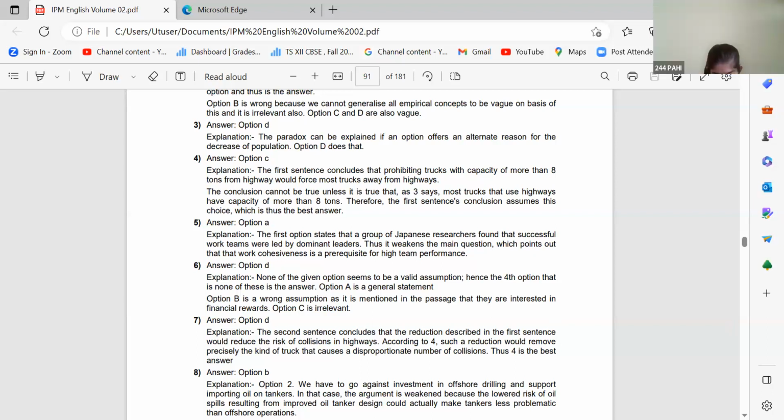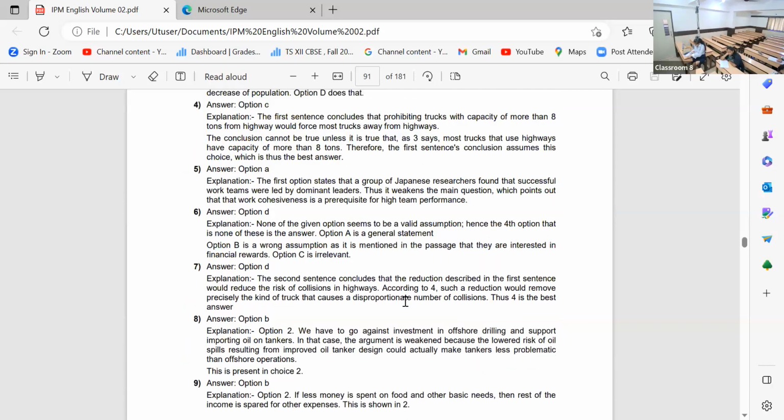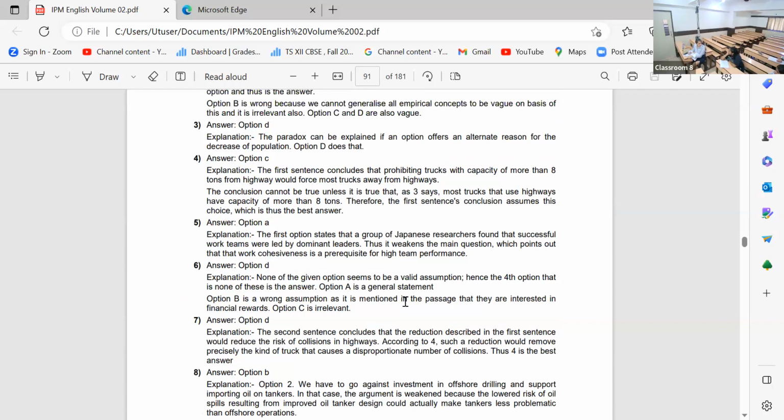If highways were restricted to cars and only those trucks with capacity of less than 8 tons, most of the truck traffic would be forced to run outside highways. Such a reduction in the amount of truck traffic would reduce the risk of collisions on highways. The conclusion depends on which of the following?